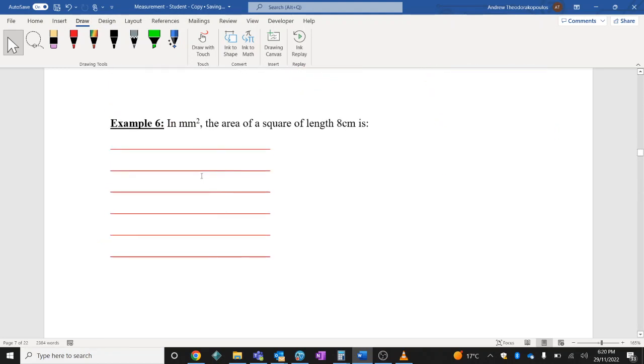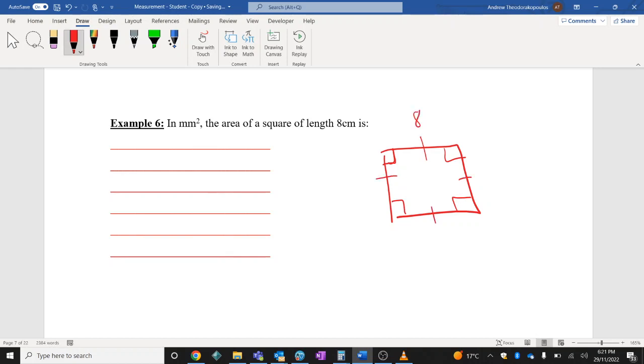And last example, example 6. In millimeters squared, the area of a square of length 8 centimeters is what? Here we go. Let's draw that out. Okay, here's a square. They all have equal angles and equal sides.